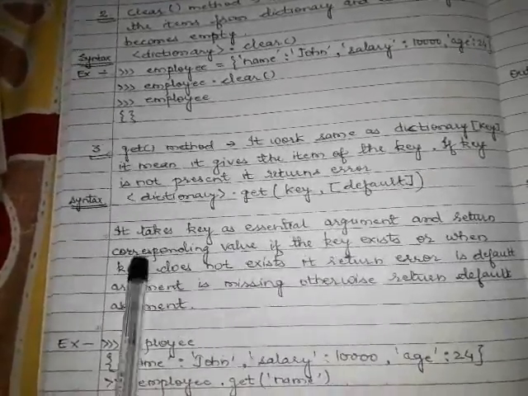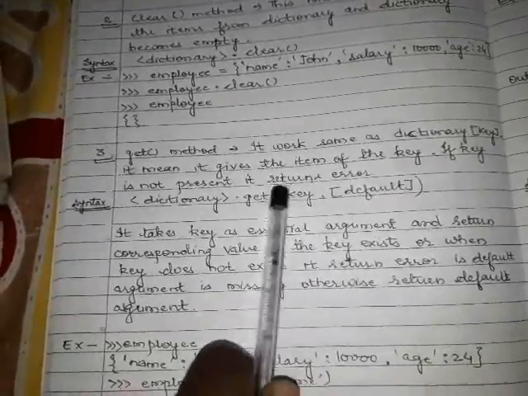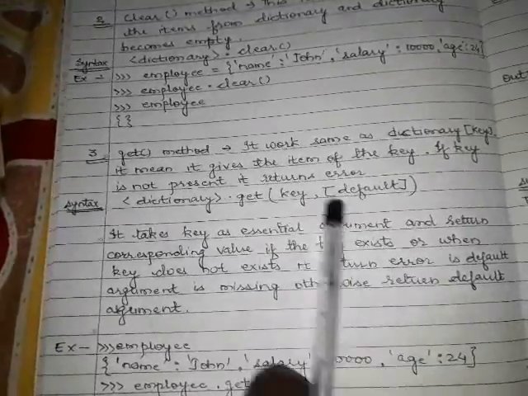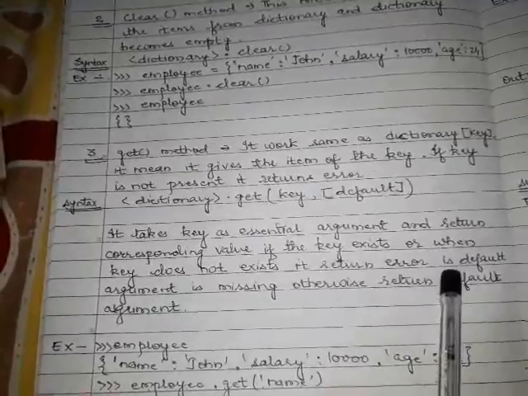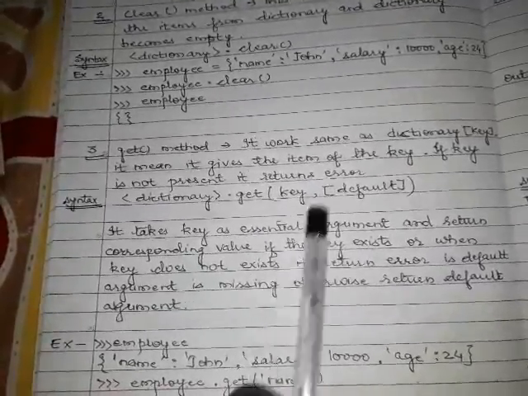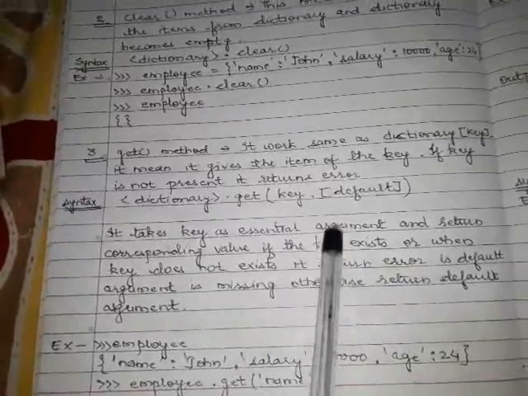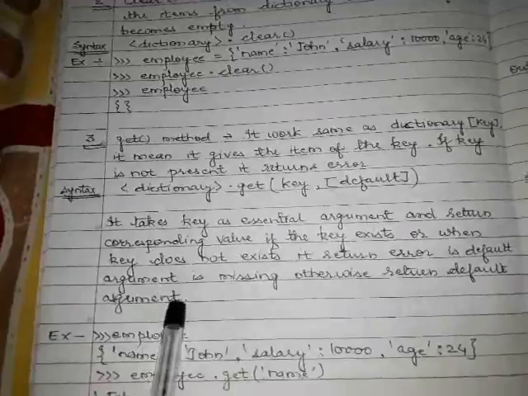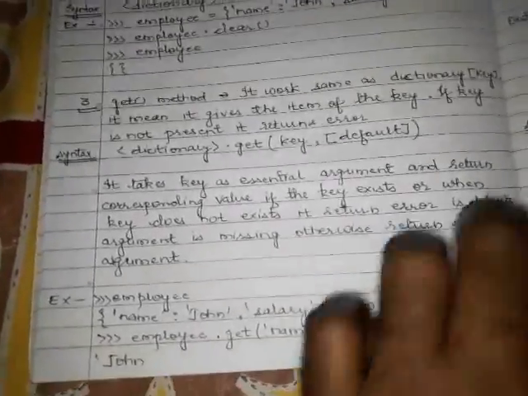Or when this key does not exist in this dictionary, then it will return error. If this default argument is missing, it will return error. Otherwise, if you mention default argument, then it will return the default argument value. Whatever you write here, it will return it. Let us see it with the example.